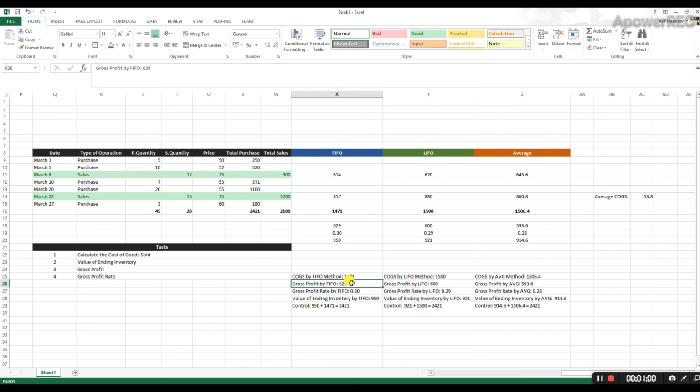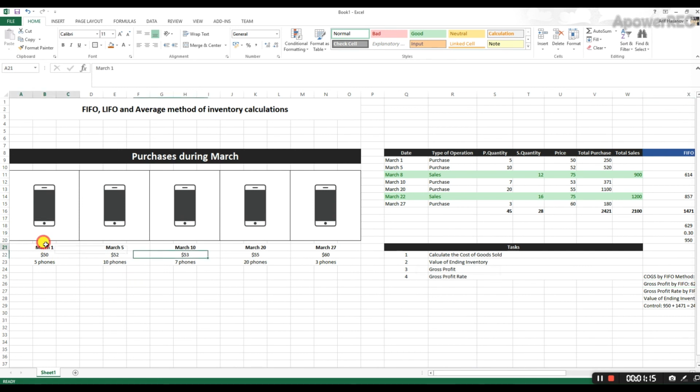And this is true most of the time. If there is an exam question about which method gives you the most profit, know that it's FIFO, because usually the chronological prices go up because of inflation, and the items we buy earlier are usually cheaper than the items we buy later.